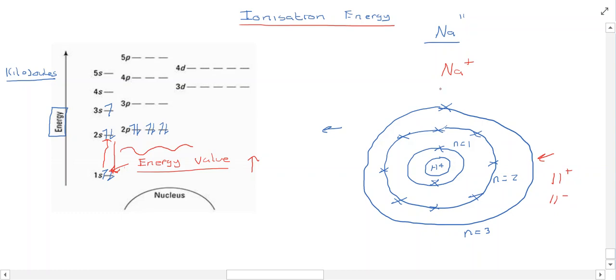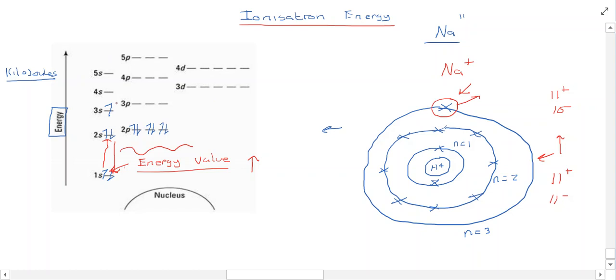In order for it to turn into Na+, it has to lose one of these, so it has to end up with 11 positive charges and 10 negative charges. So to turn this into an ion, you have to get rid of this electron here.